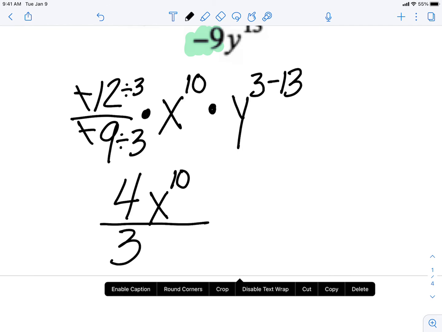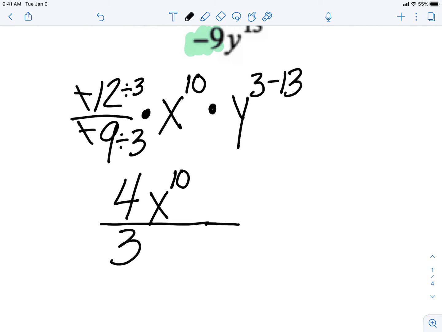Now my y, 3 minus 13, this is positive and this is negative, so I subtract. 13 minus 3 is 10. And it's a negative 10 because 13 is bigger and 13 is a negative.